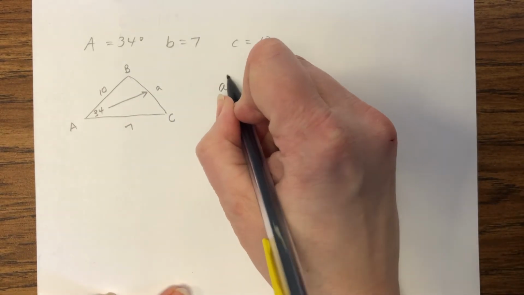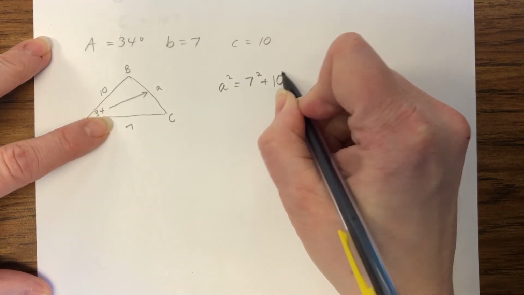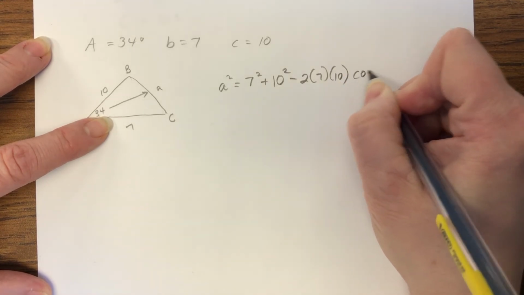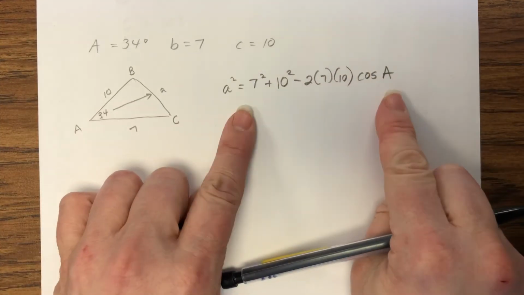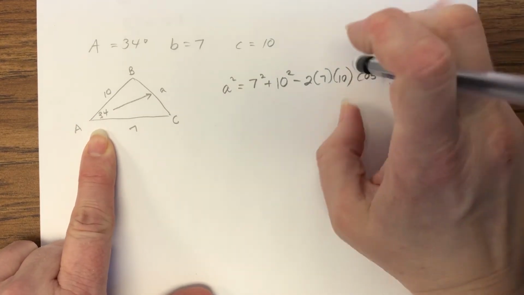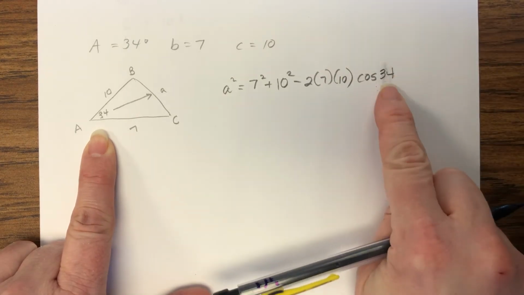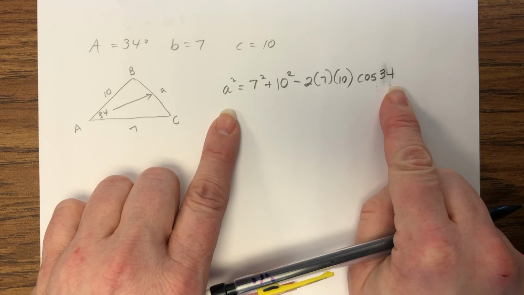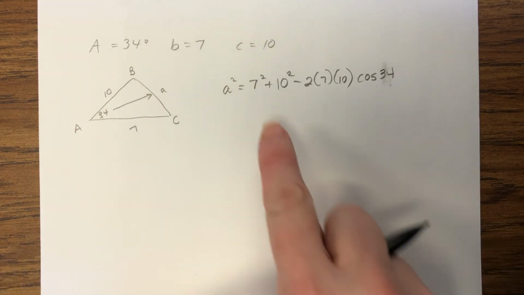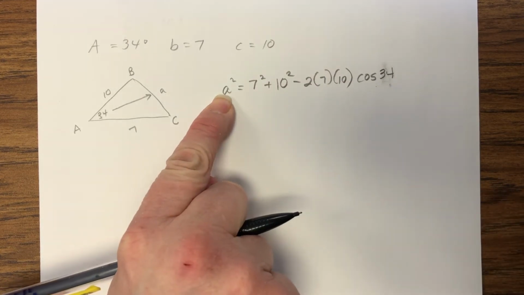So A squared equals B squared plus C squared minus 2 times B times C times the cosine of A. Okay, and A was 34 degrees, so we can put that in there. But those two, whatever side and angle, those are the two that match. So I can stick this whole thing in my calculator and then take the square root of it.